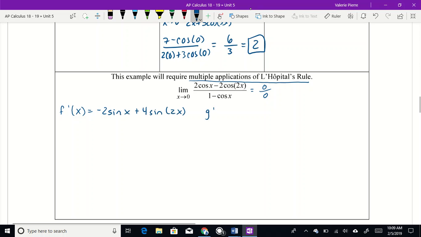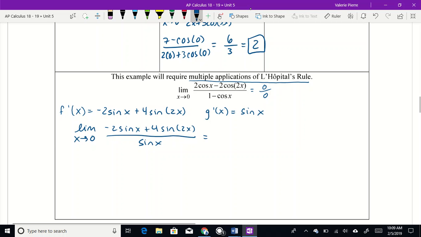And the derivative of my denominator is equal to sine x.